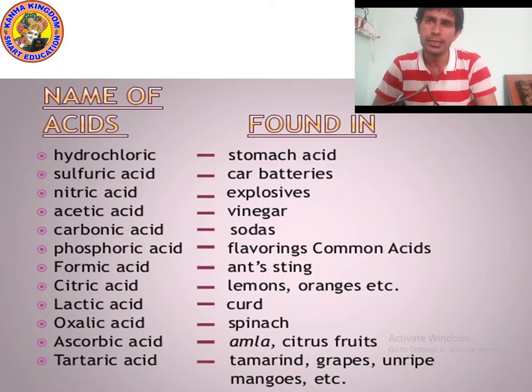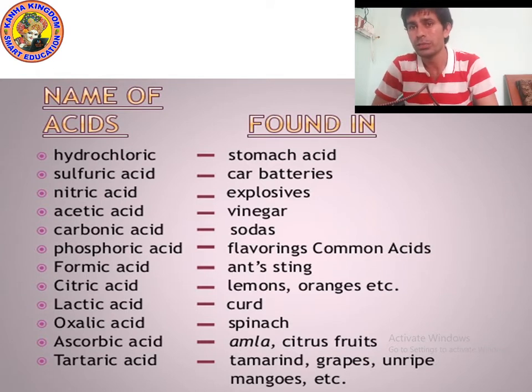So stomach, which acid is present in stomach? You can see hydrochloric acid. I will also show you some chemical formulas. Okay, if you want to write them, you can write. So hydrochloric acid is present in the stomach.